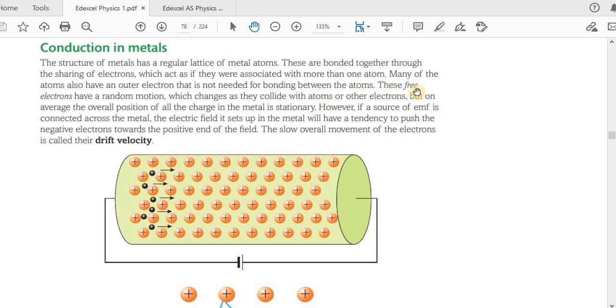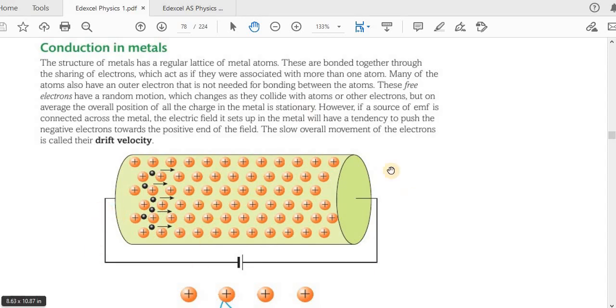These free electrons have a random motion which changes as they collide with atoms or other electrons, but on average, the overall position of all the charge in the metal is stationary. So that is if there is no current applied to it.